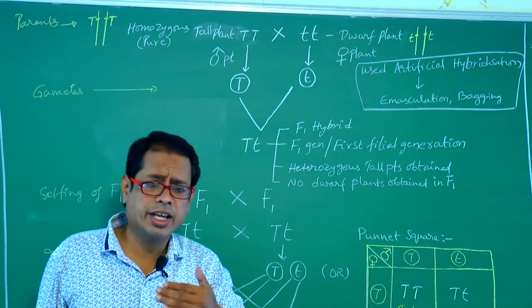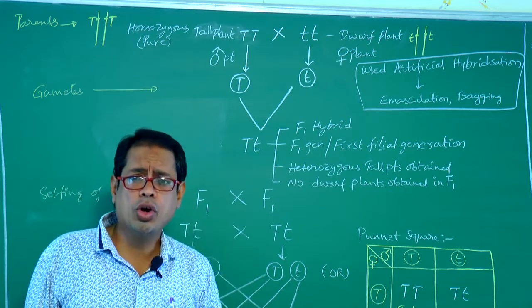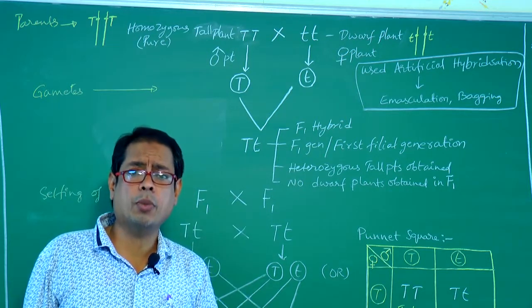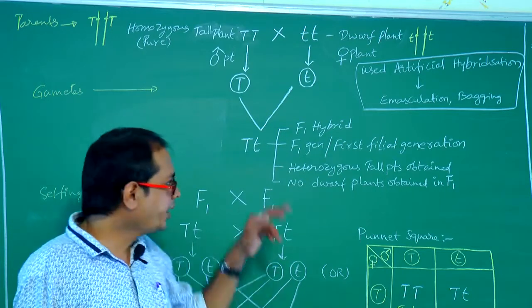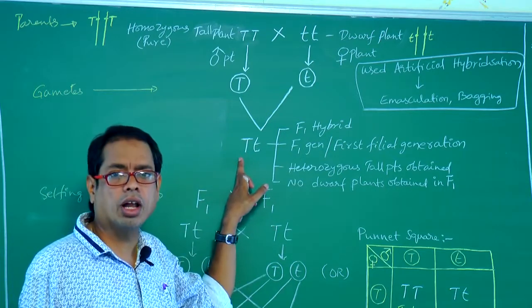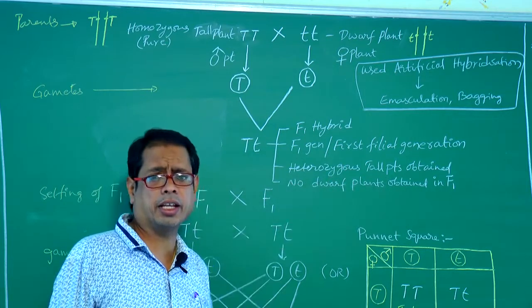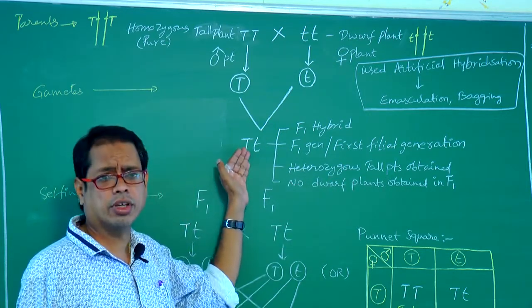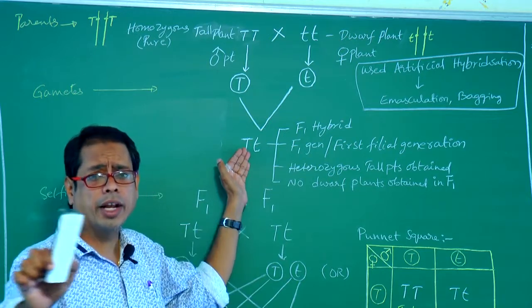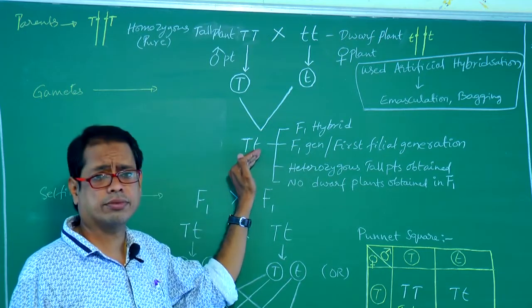Phenotypically means external appearance. Genotypically means we have to say in the form of alleles. Phenotypically it is tall. That's why heterozygous tall plants are obtained in the F1 generation. No dwarf plants are obtained in the F1 generation.